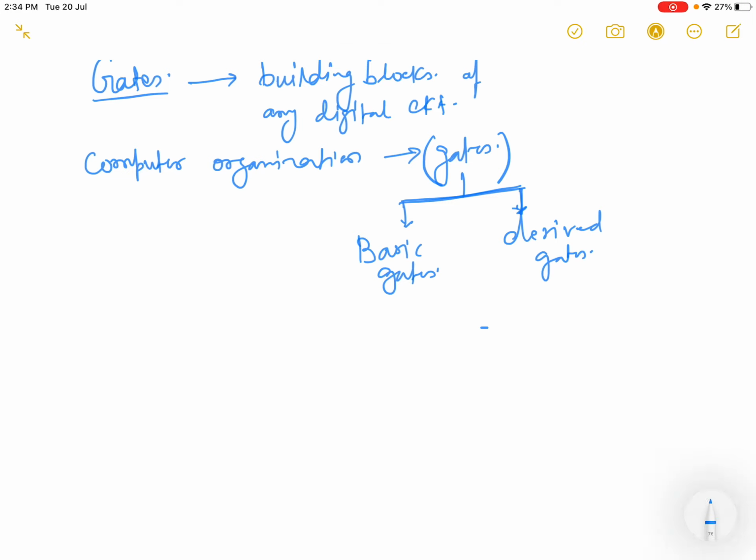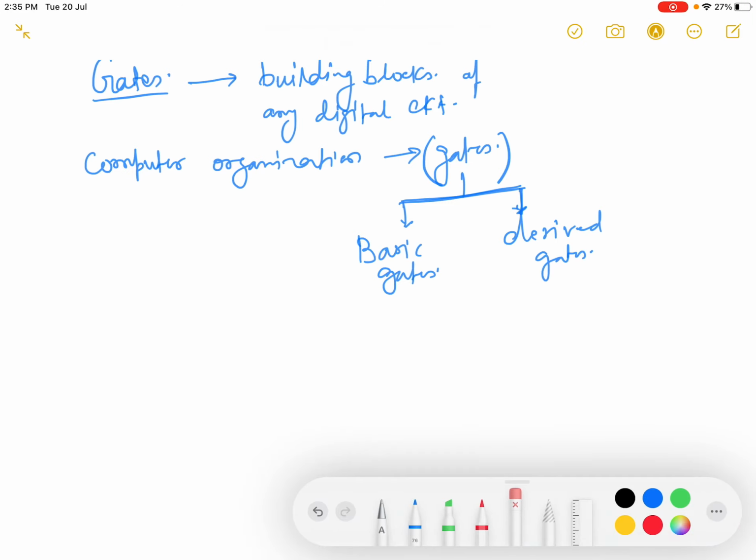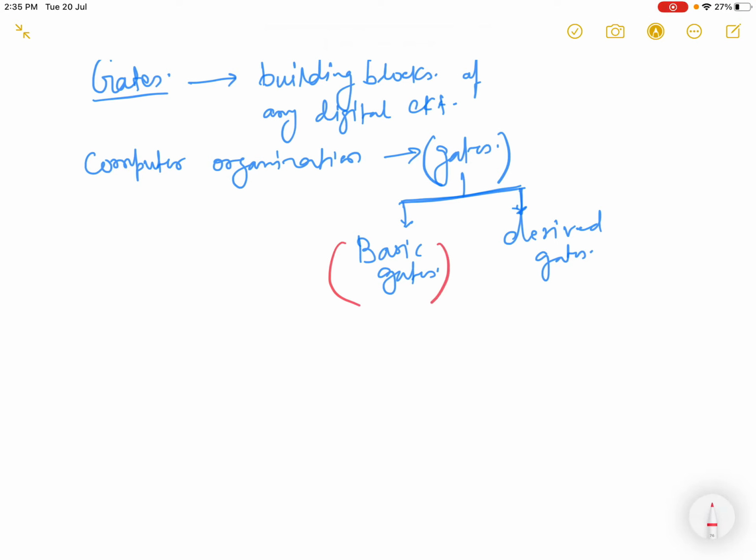It means that through a combination of basic gates, we can assemble gates which are known as derived gates. So what are basic gates?